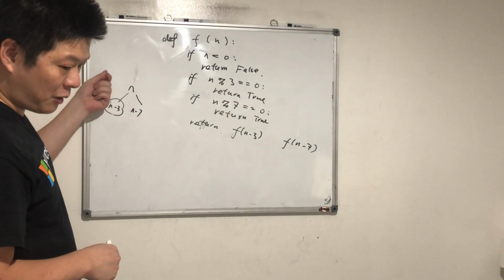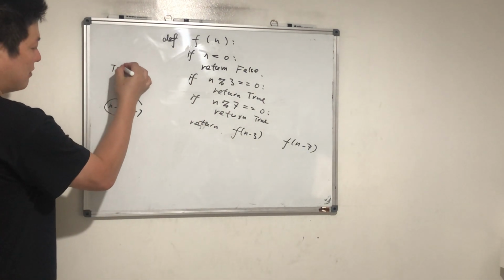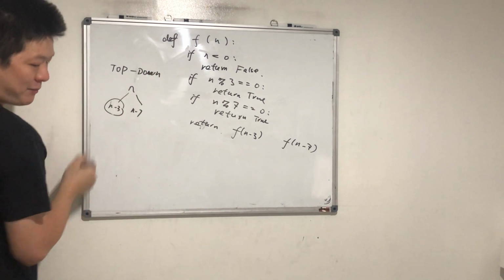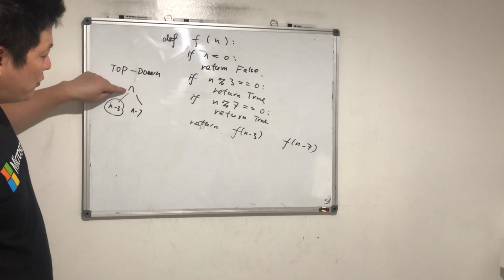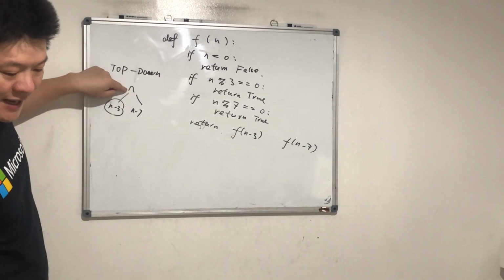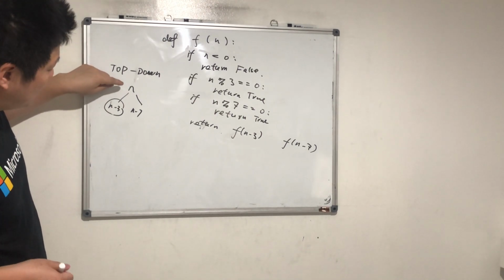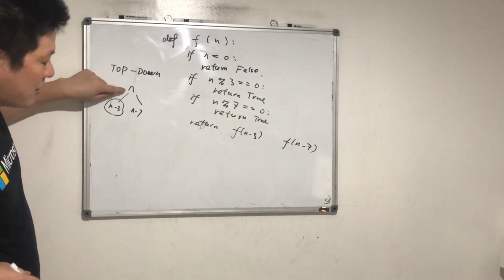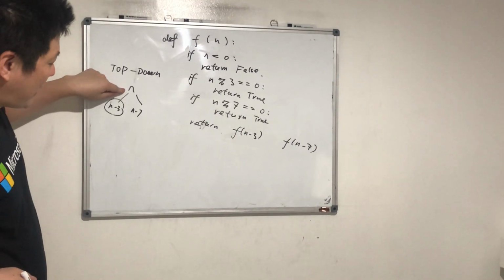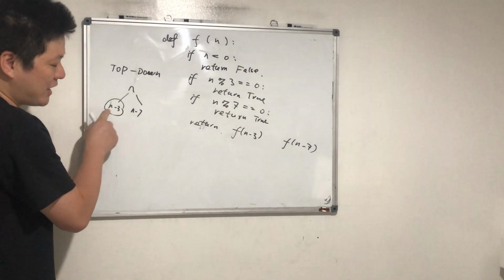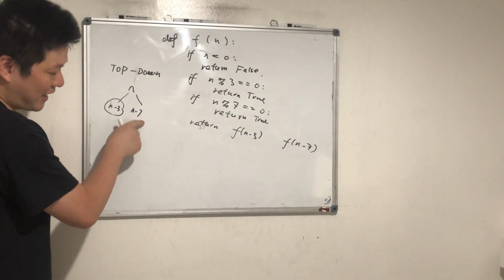Top down. Remember, top down dynamic programming. We are working on this number n. If we know f(n minus 3) or f(n minus 7), if any of them is true, then this must be true.